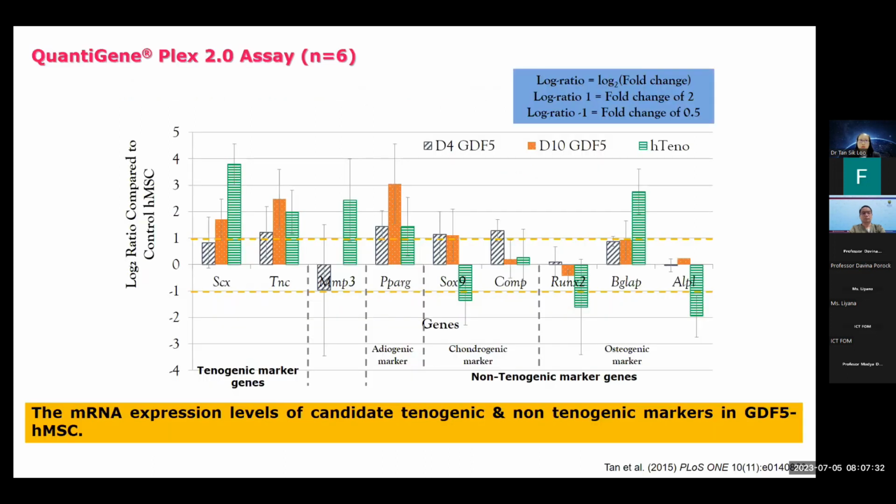From the gene expression profile, we found that tenogenic markers were upregulated in the GDF5 induced MSC, and non-tenogenic markers such as chondrogenic and osteogenic markers were downregulated.